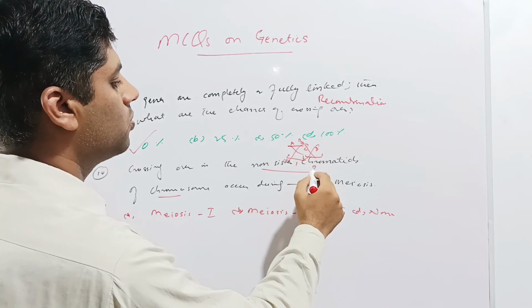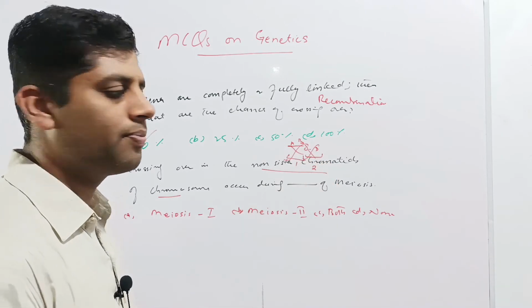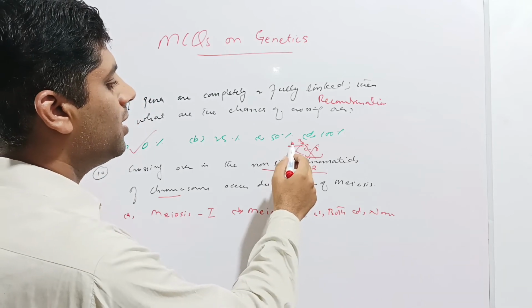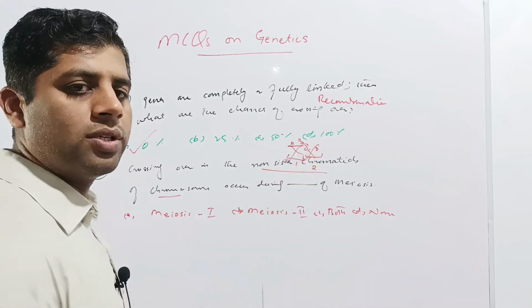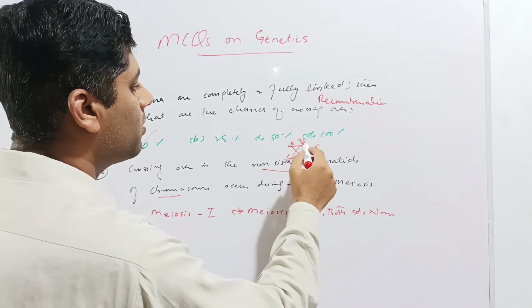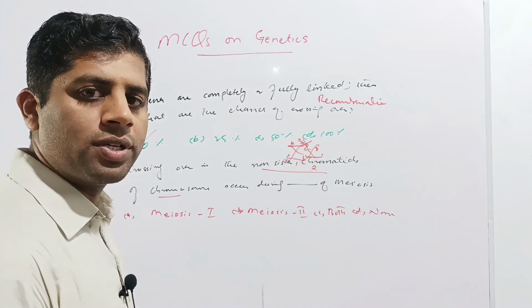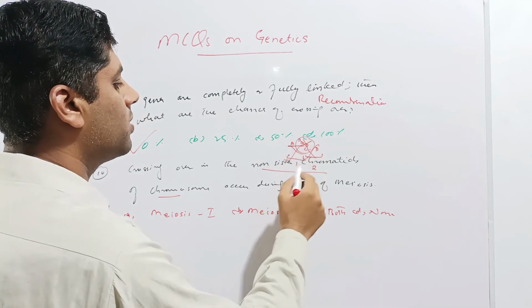Similarly, in chromosome number 2, C and D are sister chromatids. A is non-sister to C, and similarly B is non-sister to D. So if crossing over occurs between B and C chromatids, this is called crossing over between non-sister chromatids.